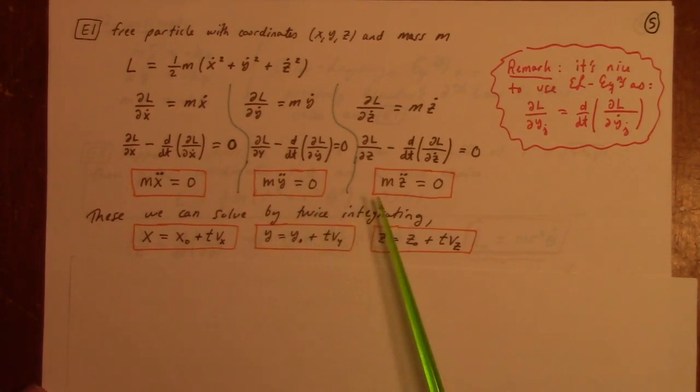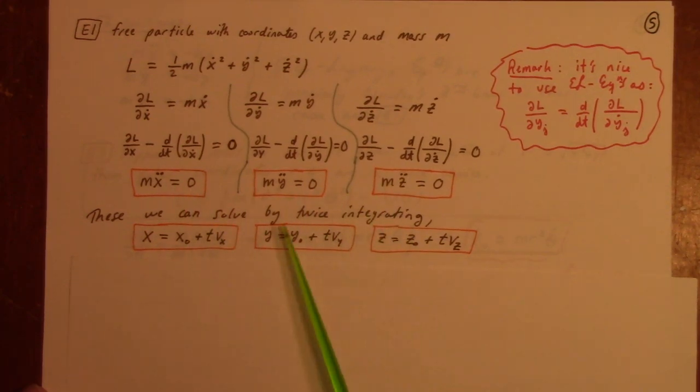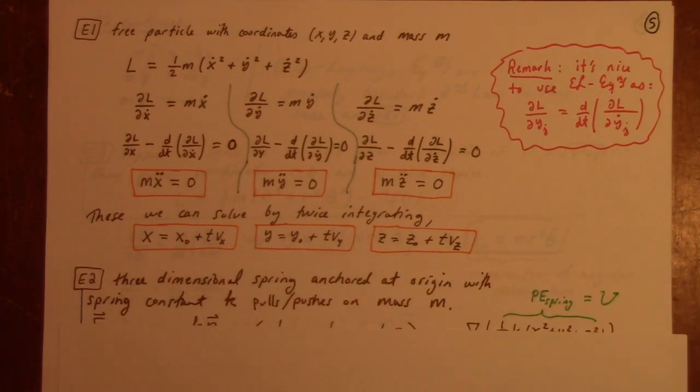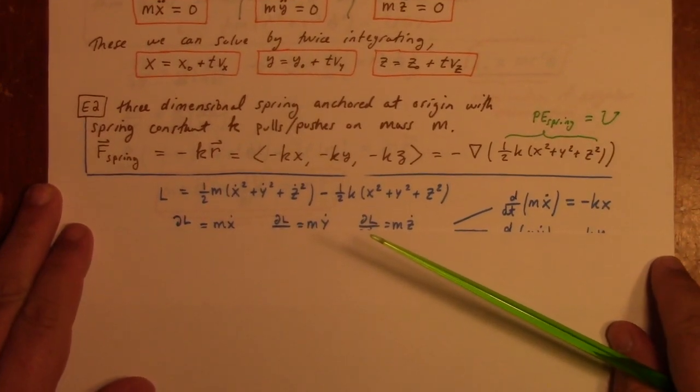I'm paraphrasing here. But this is part of that, right? Integrate the acceleration twice, you get a line. Or if the v's are all 0, you get at rest. So yeah, there's that example. No potential energy for that one.